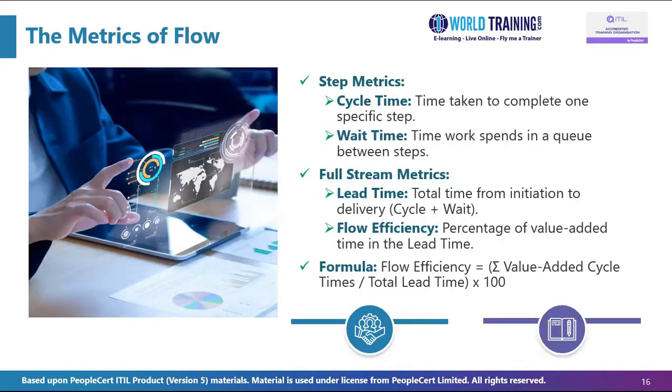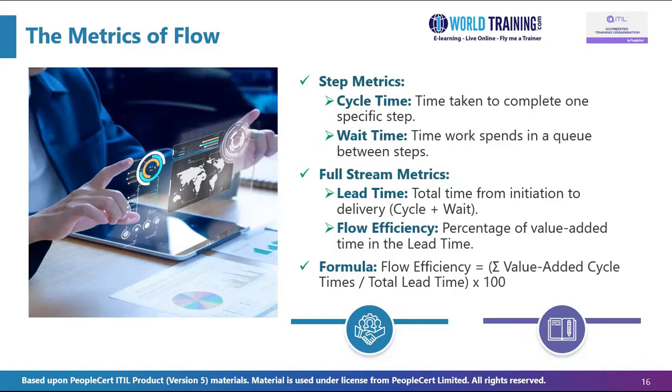The metrics of flow, 4 metrics. At step level, cycle time, how long one step takes to complete, and wait time, how long work sits in a queue between steps. At full stream level, lead time, the total time from initiation to delivery, which equals the sum of all cycle times plus all wait times, and flow efficiency, which is the percentage of lead time that is actually value adding.